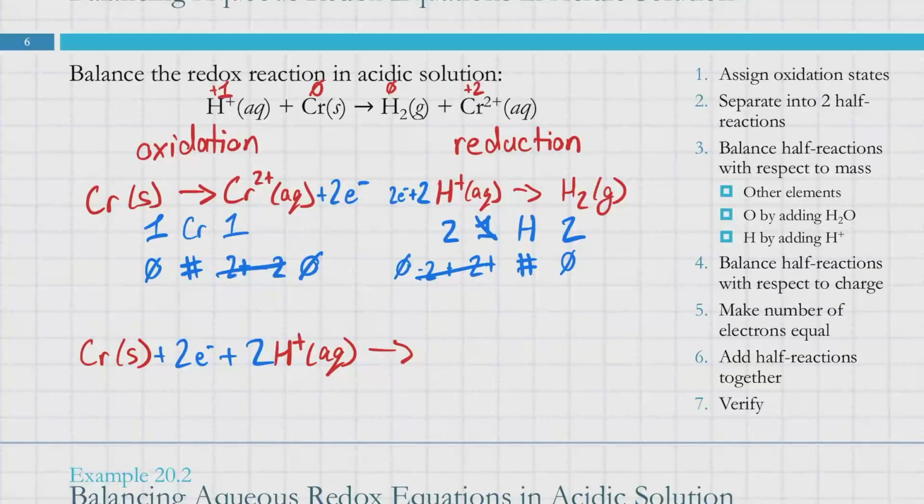Our arrow, the stuff that's on the right, Cr2 plus, plus 2 electrons, plus H2 gas. And then we can cancel out anything that shows up on the left side and the right side. This will always, if we've done things correctly, include our electrons. The electrons should always cancel out.